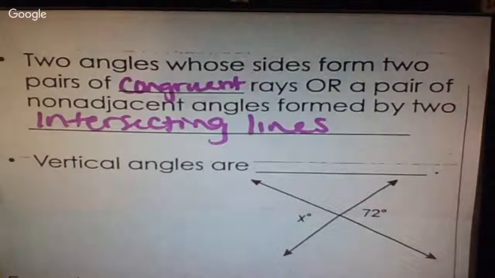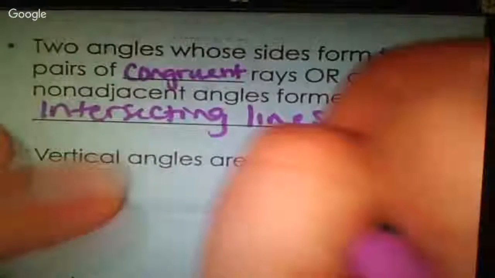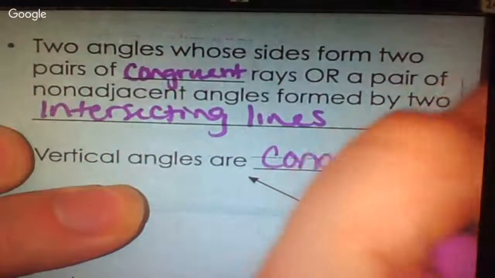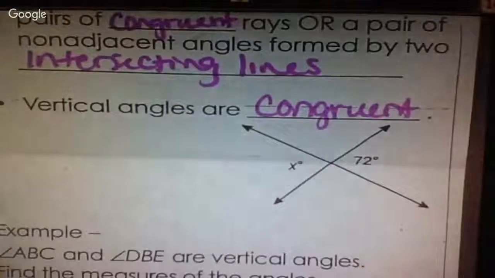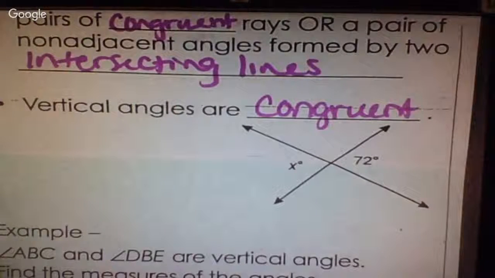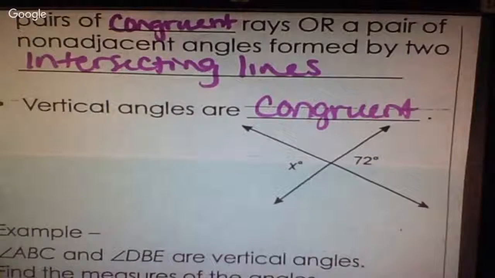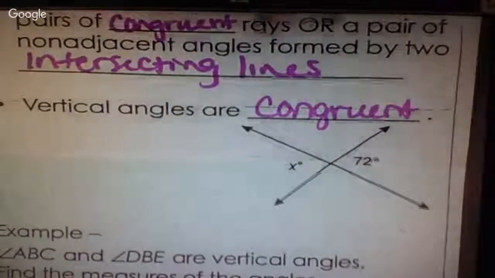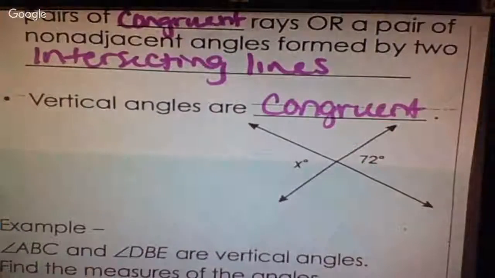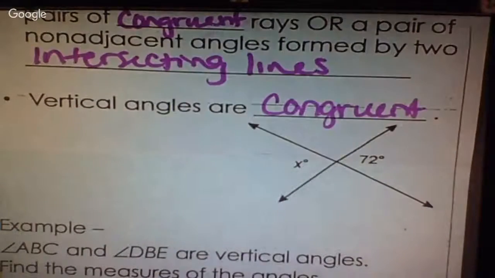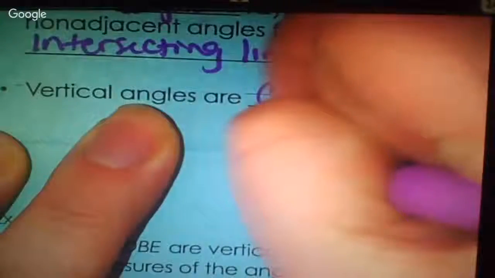Vertical angles are congruent. What does it mean for things to be congruent? They're the same. Vertical angles are the same. So, if this side of the angle is 72, the vertical angle associated with it is also 72.